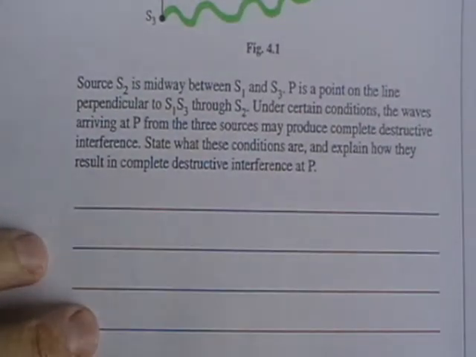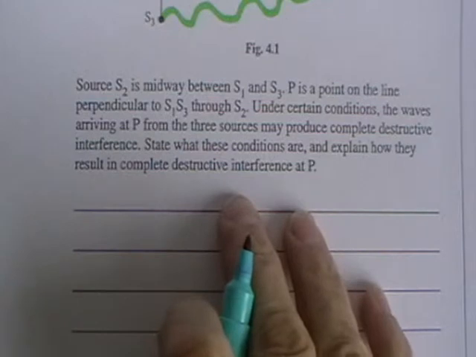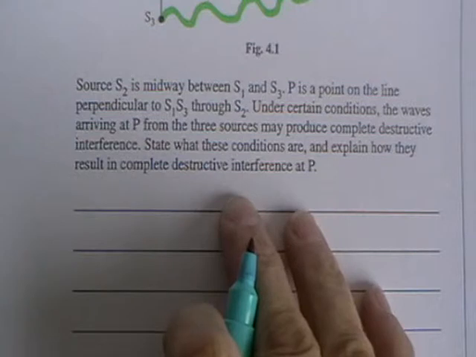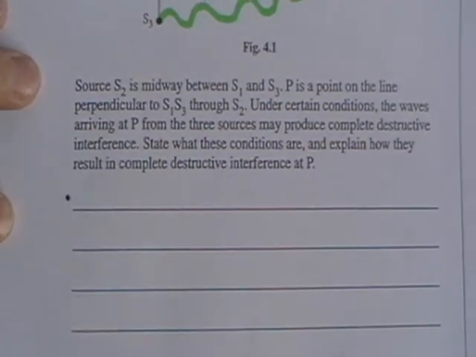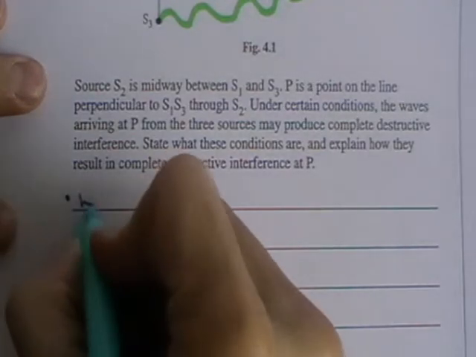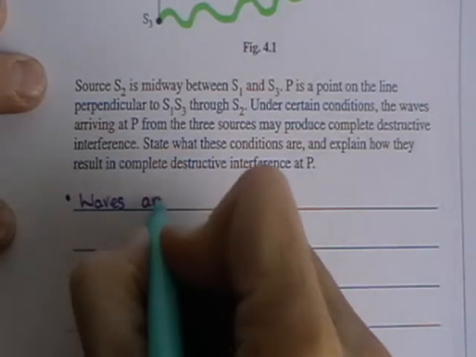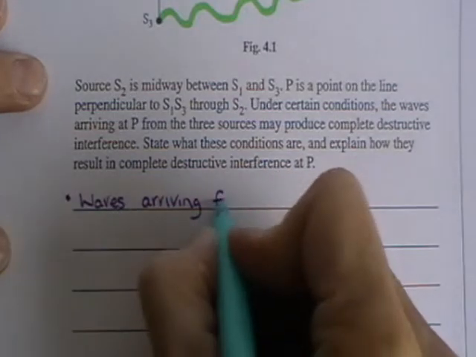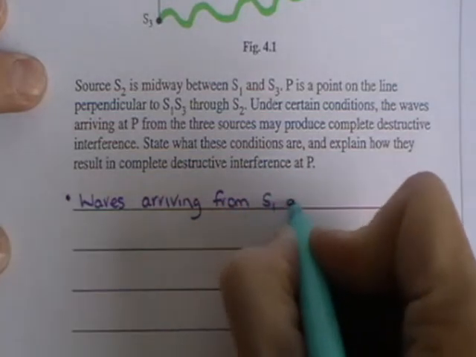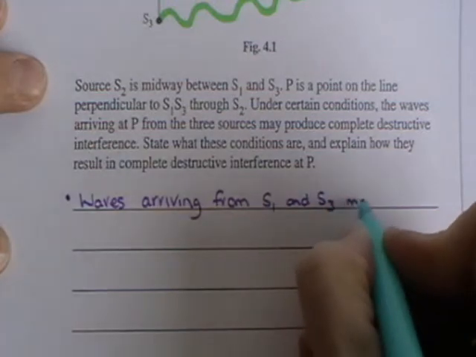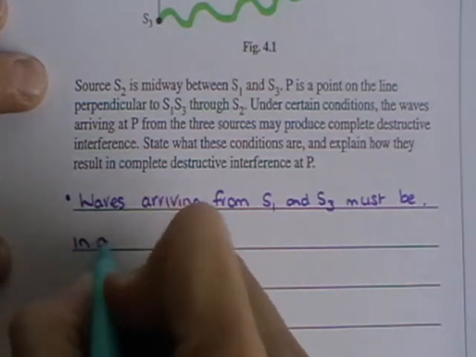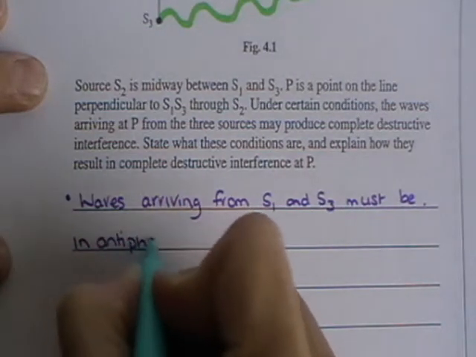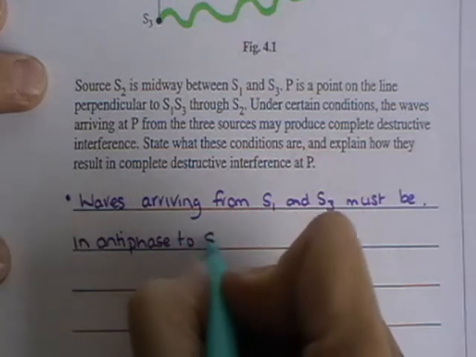So the first thing is, what are the conditions for complete destructive interference? And so the conditions for complete destructive interference is that the waves arriving from S1 and S3 must be in antiphase to S2.